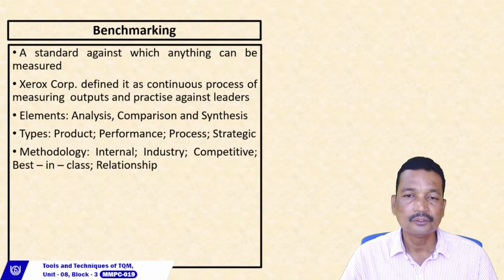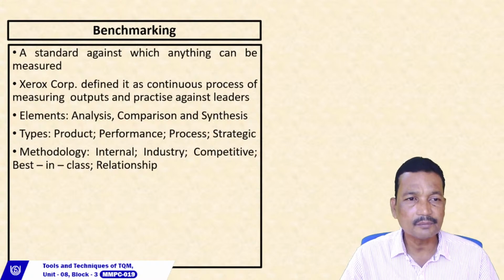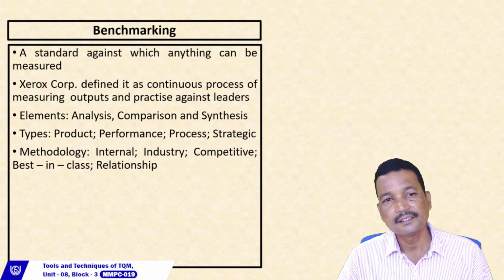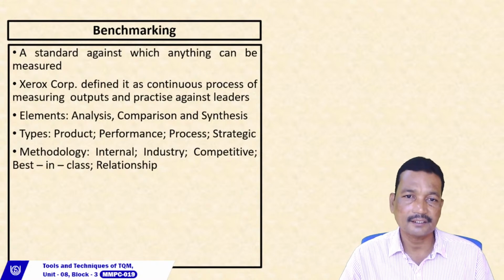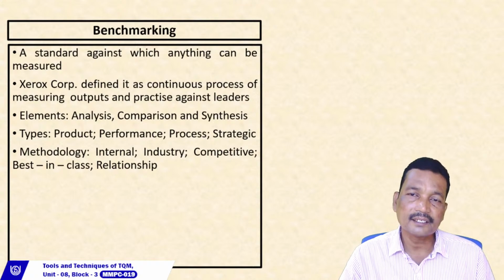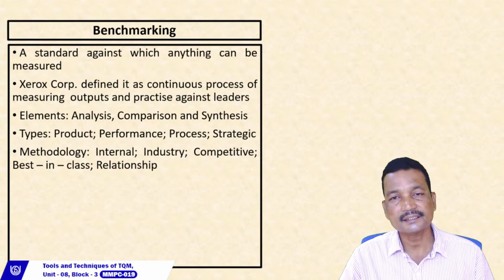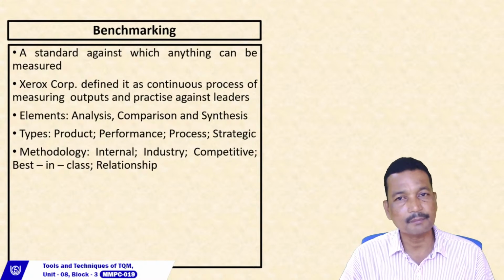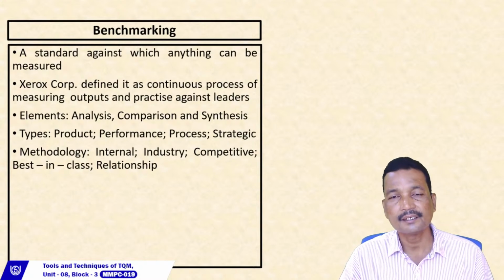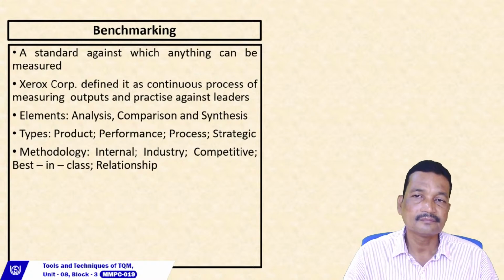So we can take numerous examples here. Think about a car tire. We know that car tires are expected to run for at least 50,000 kilometers on an average under standard usage.